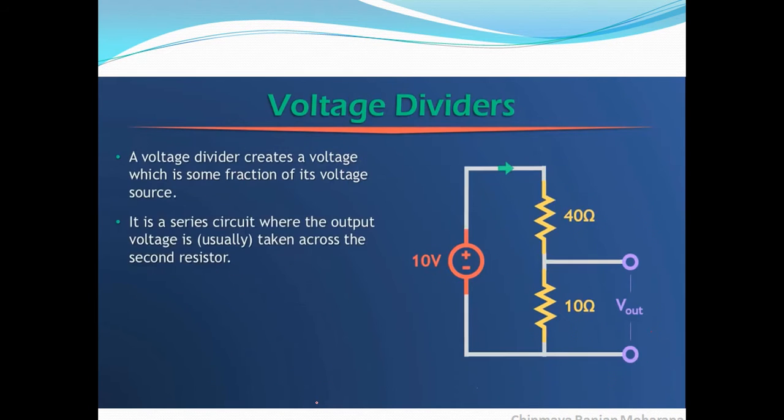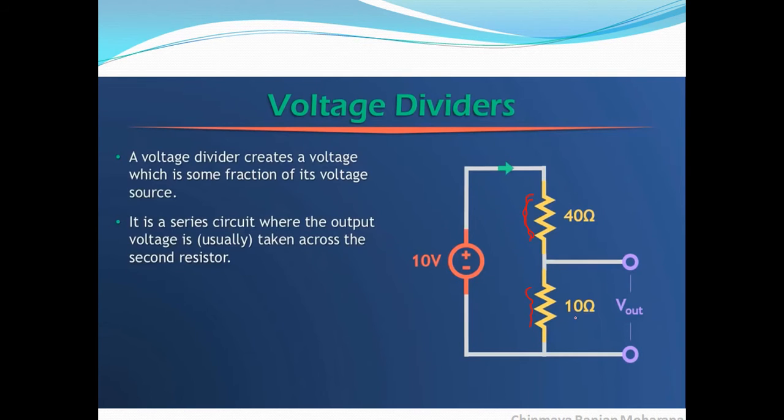Okay. Next one is our voltage divider. Then why do we need a voltage divider? After connecting some elements to form a circuit, we need to know the value of the voltage of a single resistor.